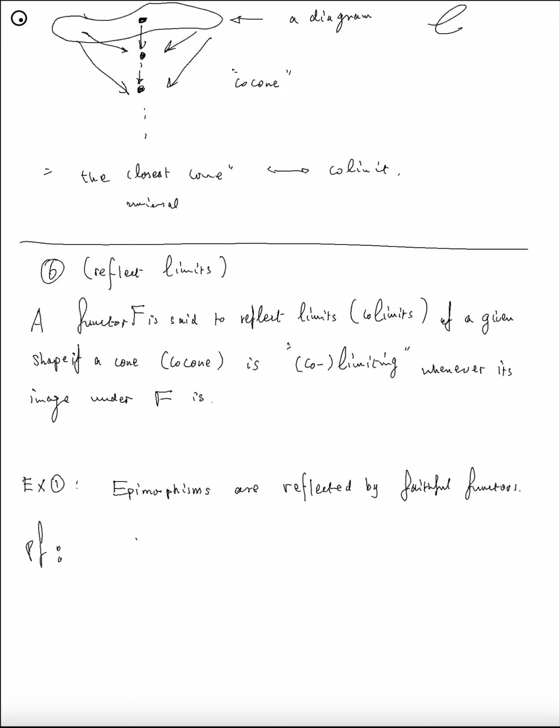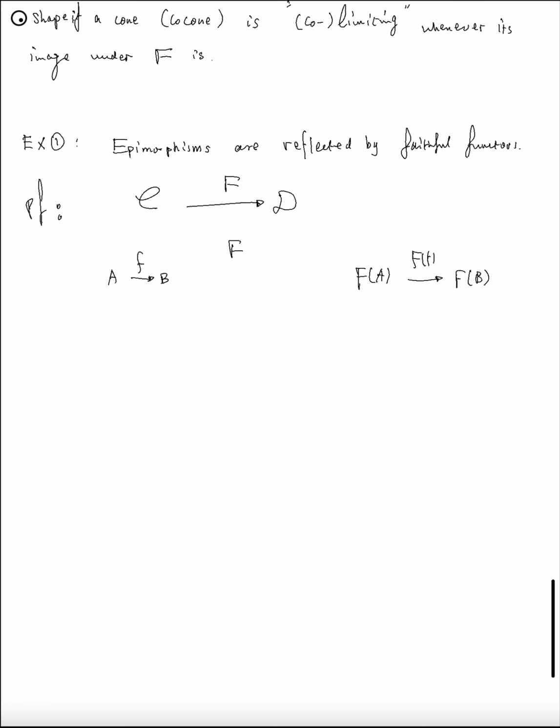Suppose you have a functor F from C to D. Suppose you have two objects A and B and an arrow f, and I'm claiming that if after you apply F, F(f) from FA to FB is an epimorphism, then small f is an epimorphism at the beginning, right?